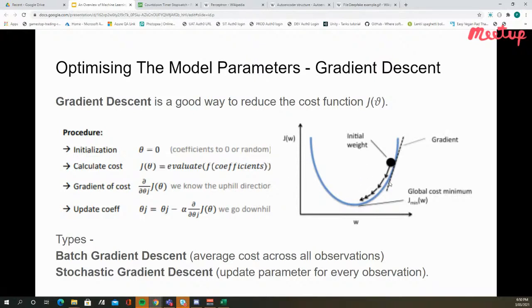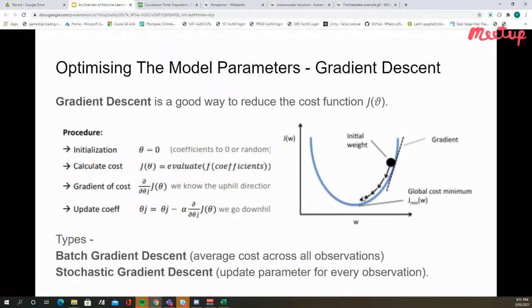So let's say that's a space, and your cost function is shaped like a curve, and this is some local minimum, because this could be third order, fourth order polynomial and have other local minimums. But this is what you have at the moment, and you work out its gradient, and you take that away from your weight, so it goes down lower and lower and lower until you have a low cost function, the lowest cost function you can get.